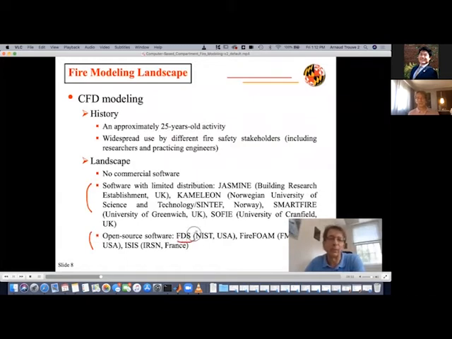In particular, the Fire Dynamics Simulator developed by the National Institute of Standards and Technology in the US, and FireFOAM developed by FM Global in the US as well. These are the dominant fire models today. In particular, FDS is by large the number one fire model used in the US and around the world by practicing engineers.